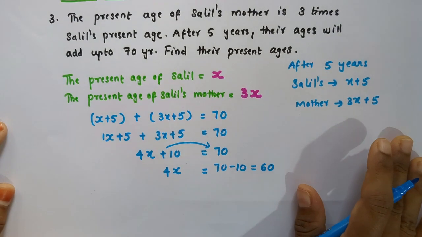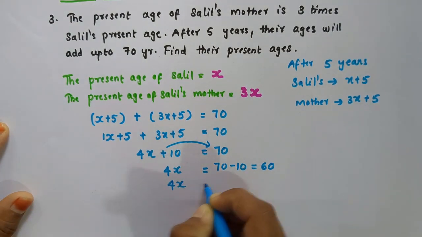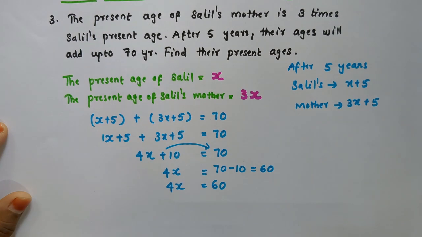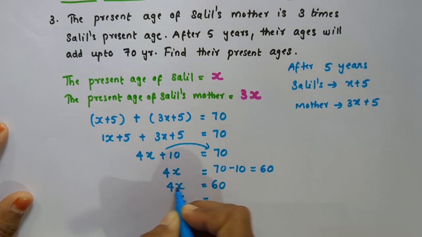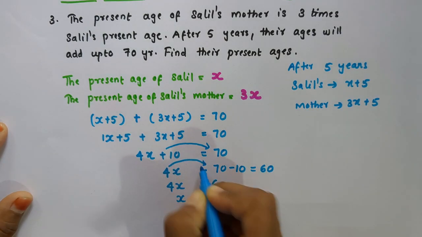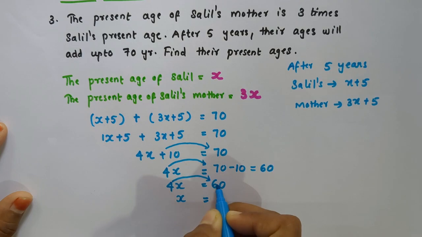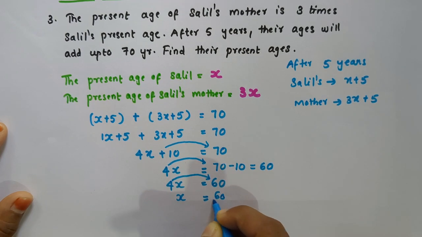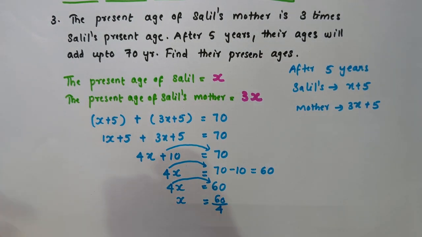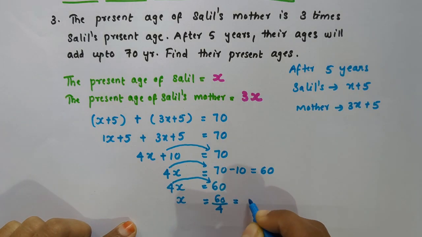So 4x is equal to 60. Then what about x? Here this is in multiplication format, so if we take this 4 to this side, it goes to the denominator. So you will get 60 by 4, which is 15.